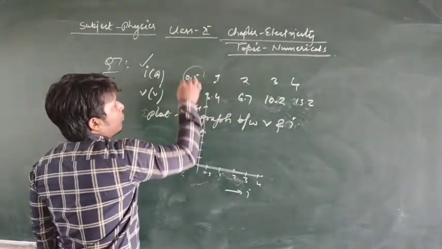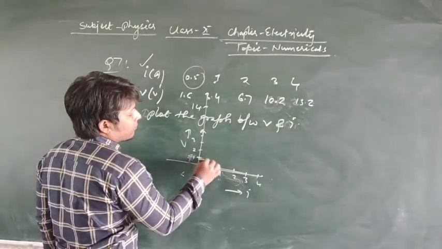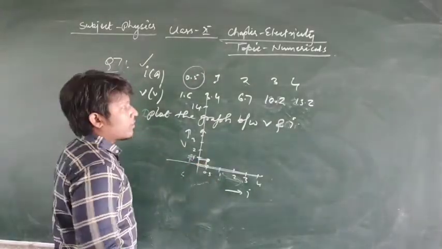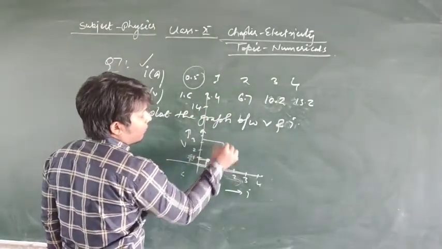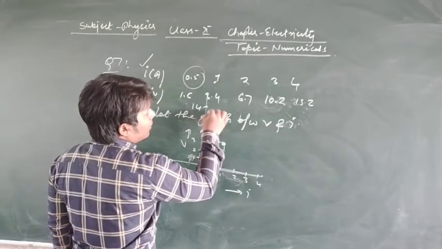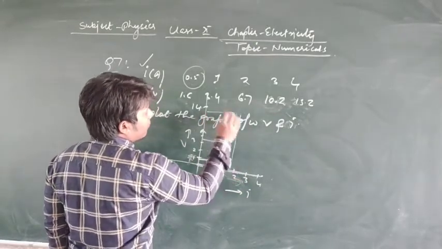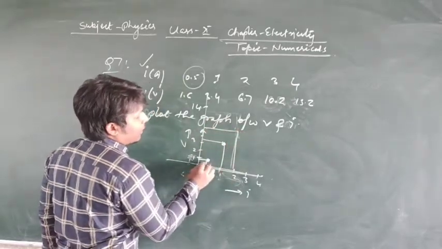Corresponding to 0.5 ampere, you get the value 1.6. Corresponding to 1 ampere, you get 3.4. Corresponding to 2, you get 6.7. So it will be a straight line.